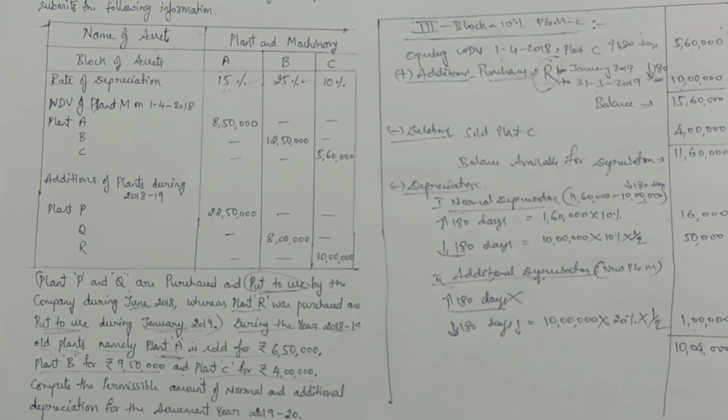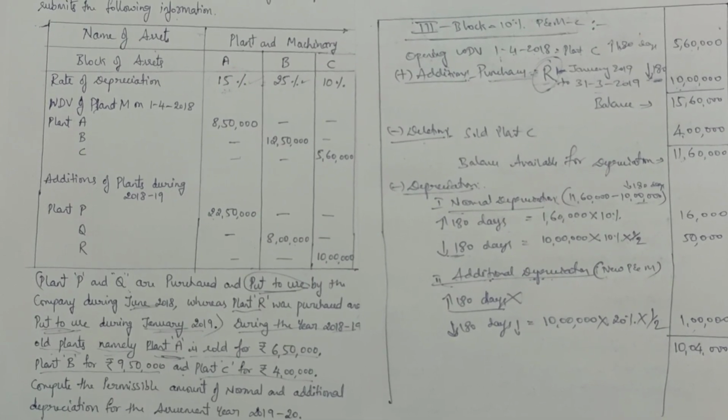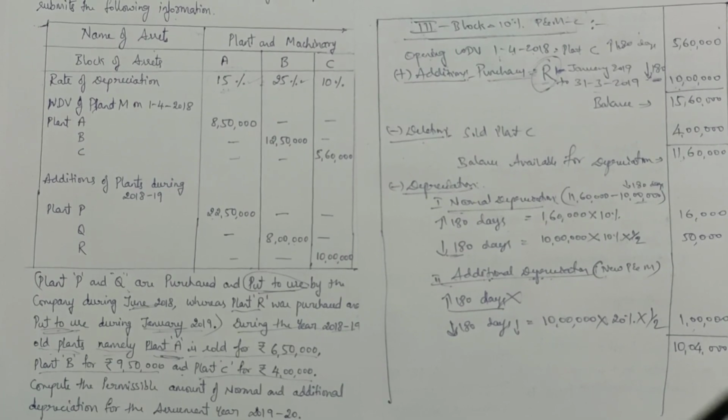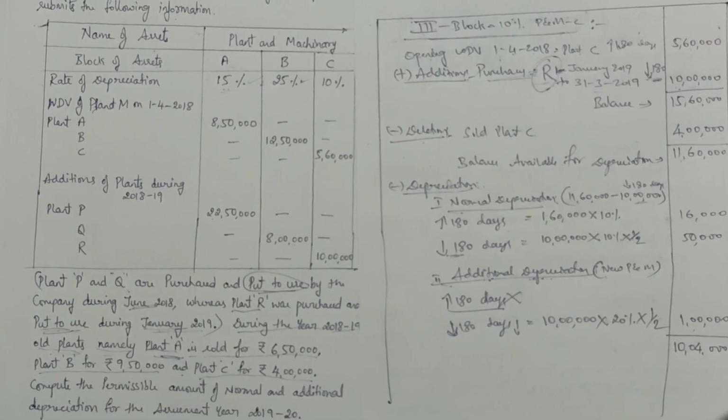So 11 lakh 60,000 minus 16,000 minus 50,000 minus 1 lakh, we will get. Once again we will calculate 11 lakh 60,000 minus 16,000 minus 50,000 minus 1 lakh.